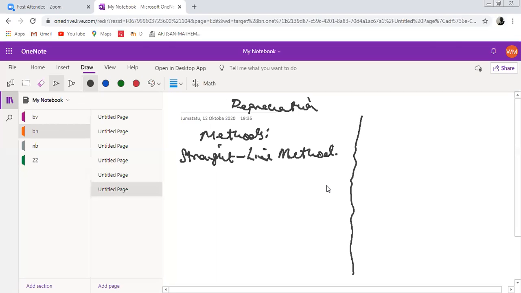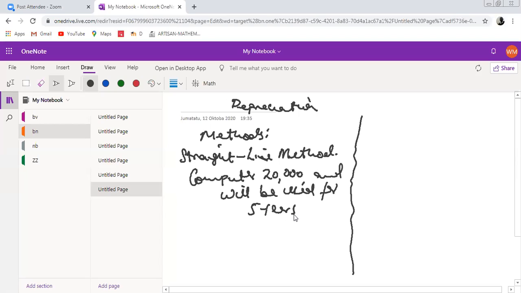If, for example, I buy a computer, maybe our cost is 20,000, and it will be used for 5 years. And after being used for 5 years, its value will be 0. We cannot use it anymore. You will find that now depreciation will simply be calculated by the cost, which is 20,000, and we divide by 5 years, which is the number of years it's going to be useful.